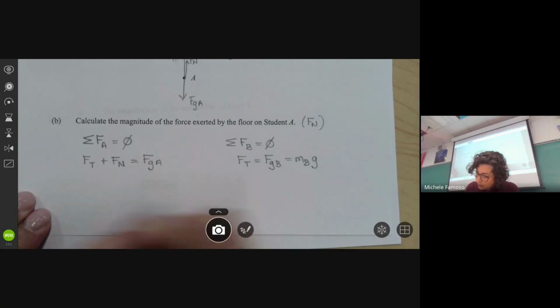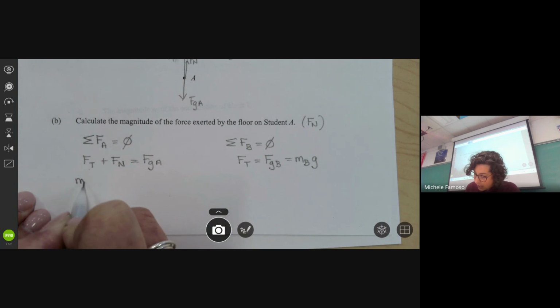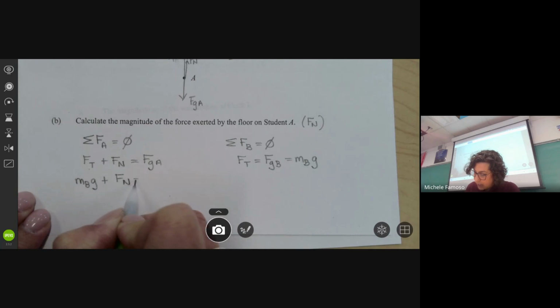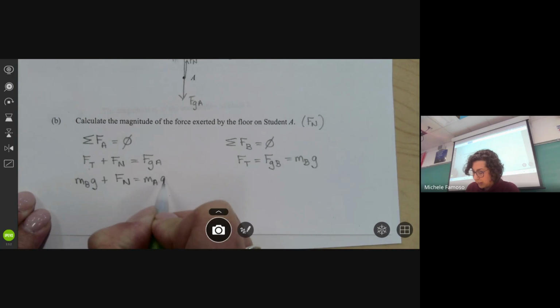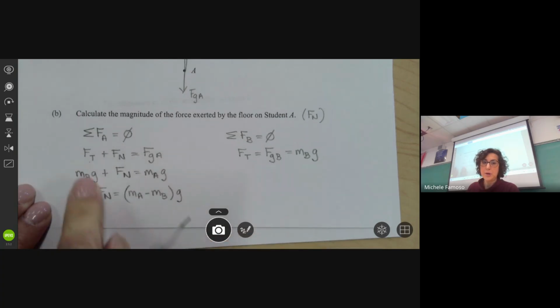So that is what I'm going to plug in for this tension. MBG plus Fn. And how do I get the weight of student A? MA times G. So the normal force is the difference in the masses times G. When I bring that MBG to the other side, it gets subtracted. I'm just factoring out the G.